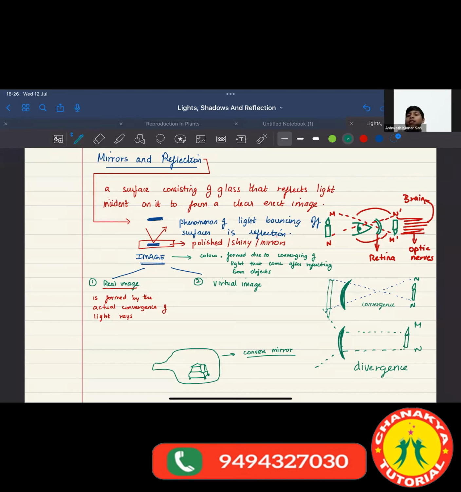Ma'am, how can we see our reflections on the water? Because again, I've already told you, any shiny or polished surface, at night time, if you go, you won't be able to see a reflection because it will be dark. But if you see a reflection in moonlight or sunlight, the water becomes shiny.